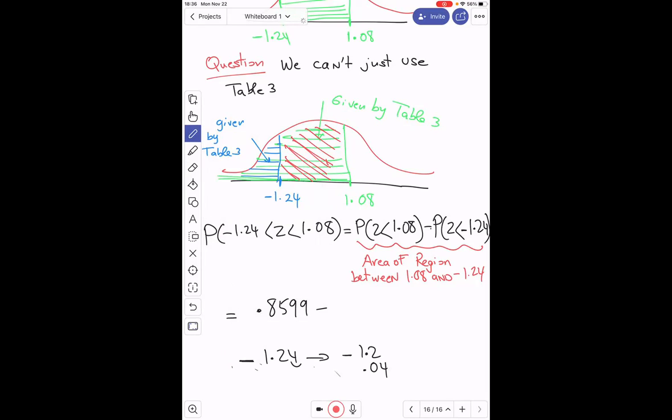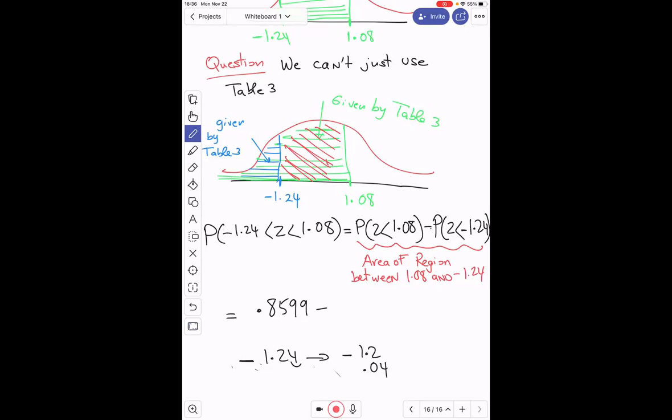So we check the table in the first page. Negative 1.2 and 0.04. Where is it? 1.204.